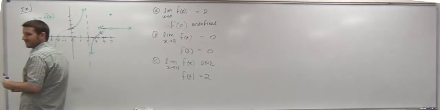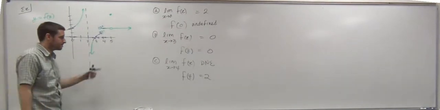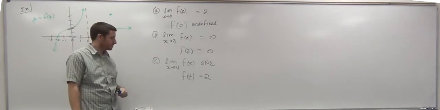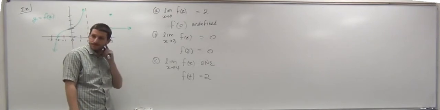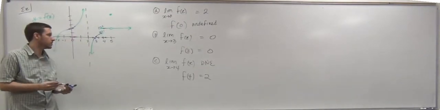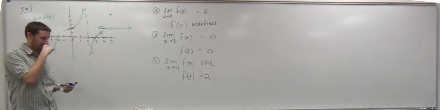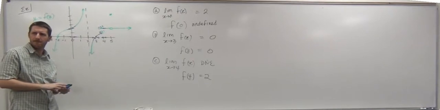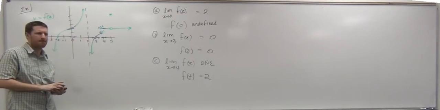I have a question. Yes? If it had specified the domain, for infinity or negative infinity, then we can pick. But when it doesn't specify a certain domain, that's when it doesn't exist, right?